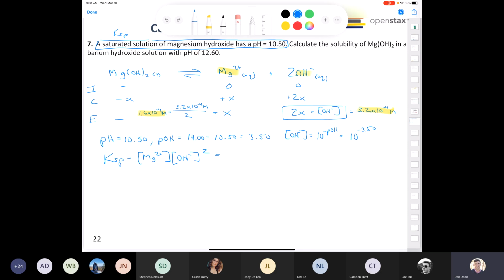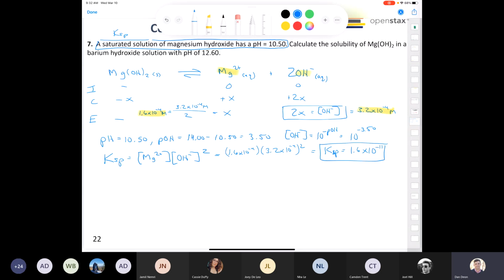So we put in our numbers, 1.6 times 10 to the negative 4 multiplied by 3.2 times 10 to the negative 4 squared. And when you put all that in your calculator, you get that your KSP is equal to 1.6 times 10 to the negative 11.